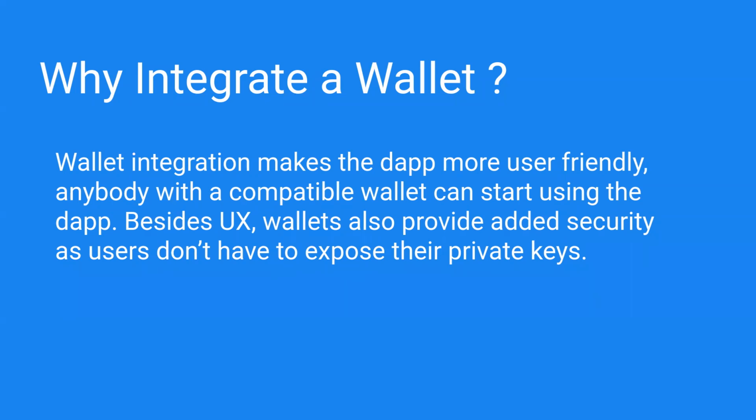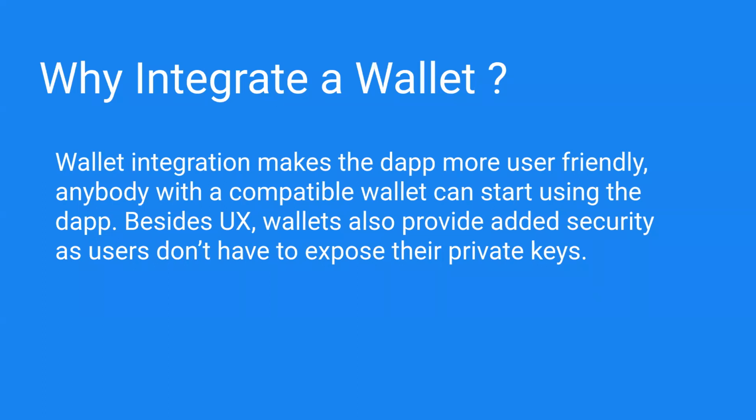But that is not secure and not user friendly, because users won't be carrying around their private keys every time. If you integrate a wallet, it's much more user friendly. The user experience increases rapidly because they can set up a wallet one time, and then it can be integrated into multiple applications and work out of the box.